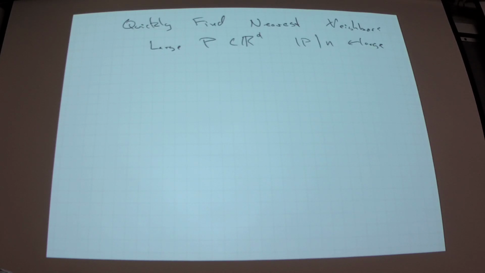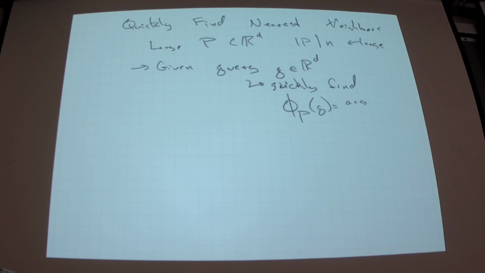Given a query Q in R^d, I want to quickly find phi of Q, which is the arg min over data points P in my set of the distance between P and Q. And I'll use the Euclidean distance. So I'm going to quickly find the nearest neighbor.